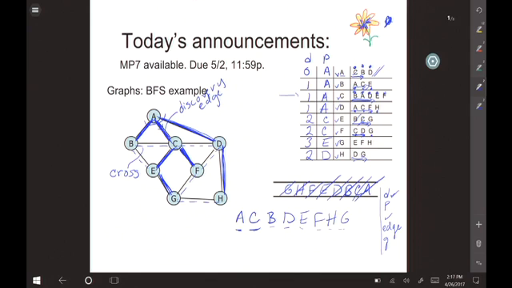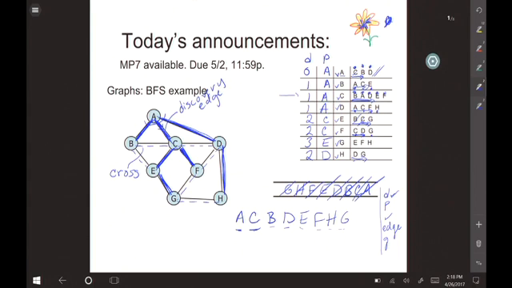It's an advancing frontier through the graph where you process everything at one distance before you move on to the next level away, to the nodes another unit farther from the start. That's true especially of breadth first search, and it will not be true of depth first search. So this is a special moment, okay?